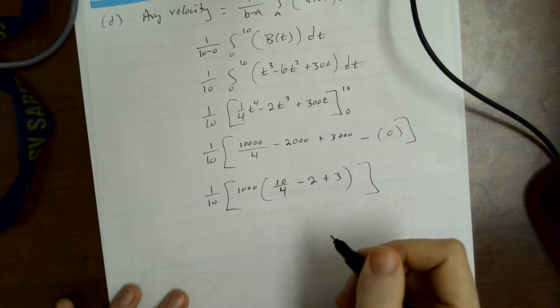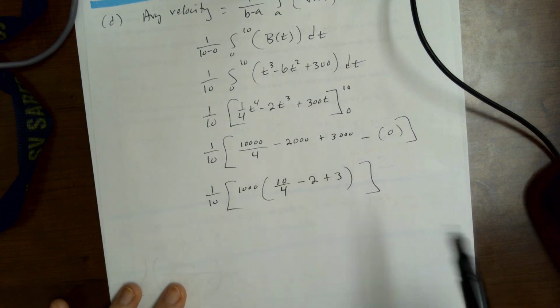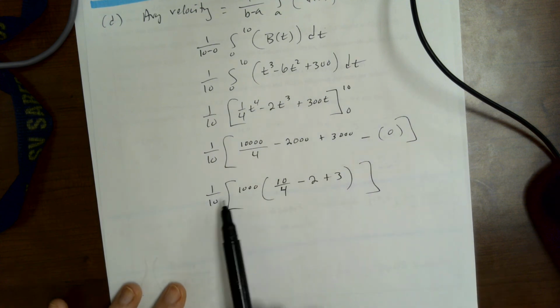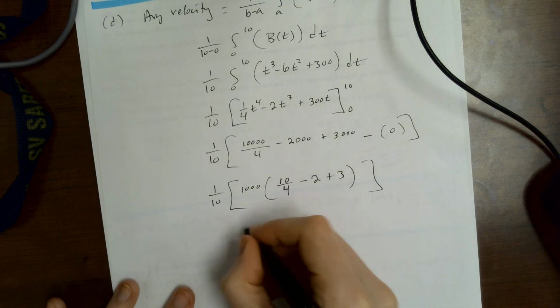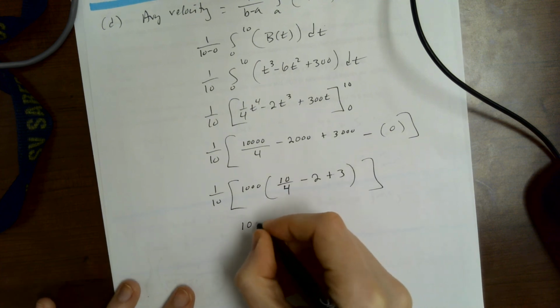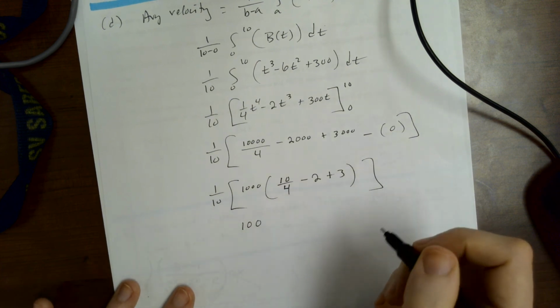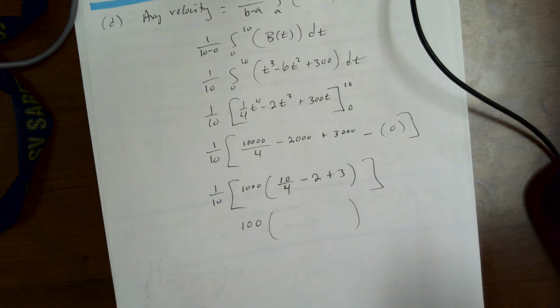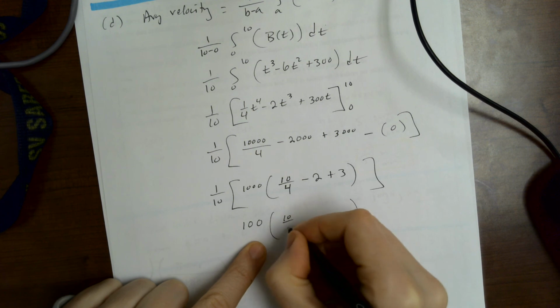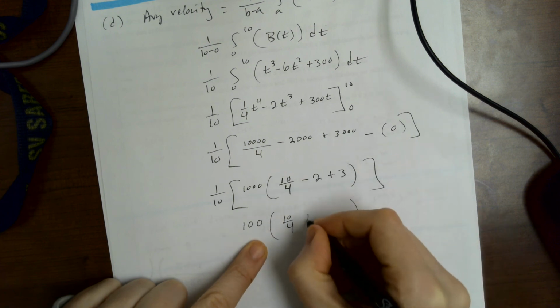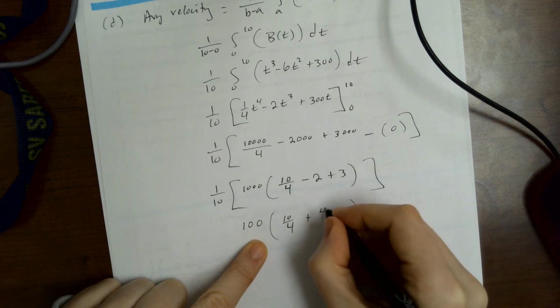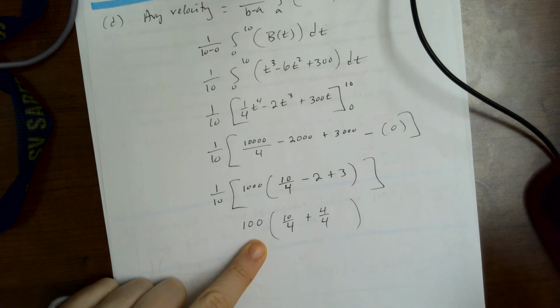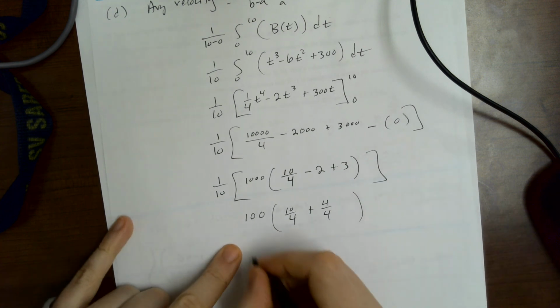And then I could multiply the 1/10 by the 1,000, and I get 100. Okay, and then here on the inside, 10/4 plus, that's plus 4/4, because this is 1.